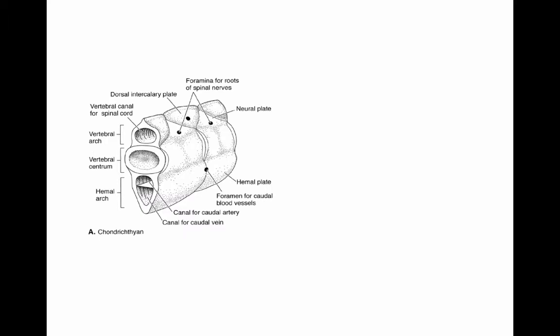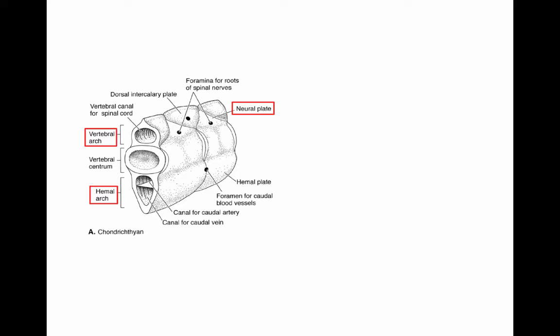In the cartilaginous skeletons of sharks, we see a very similar structure, just composed of cartilage. So in sharks, we see again the vertebral arch that forms this kind of tube-like structure over the top of the centrum. We see a hemal arch ventrally, and then in sharks we start to see much more complete coverage and encasing of the nerve tube.